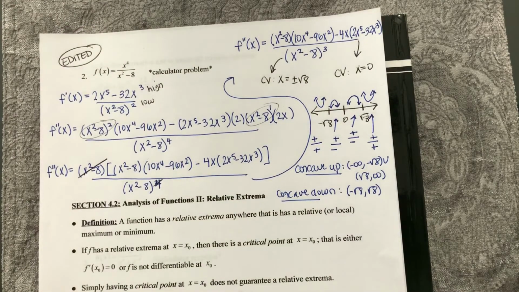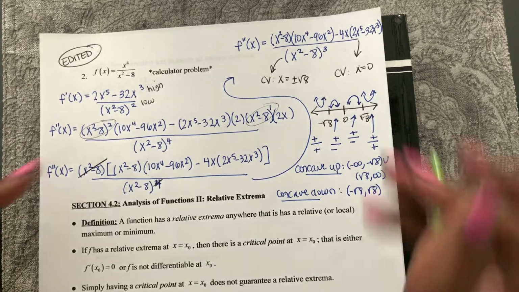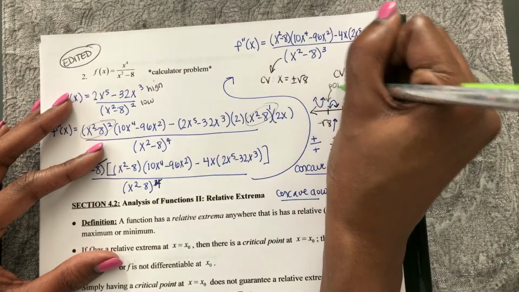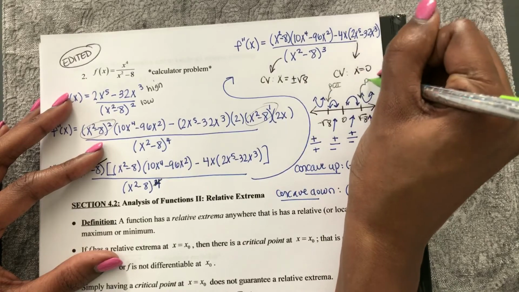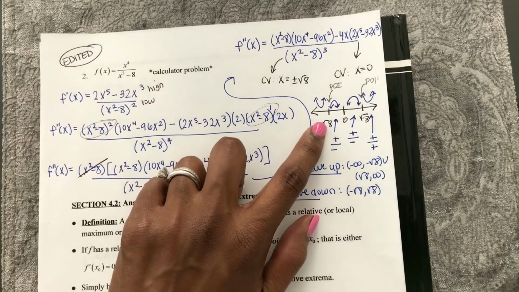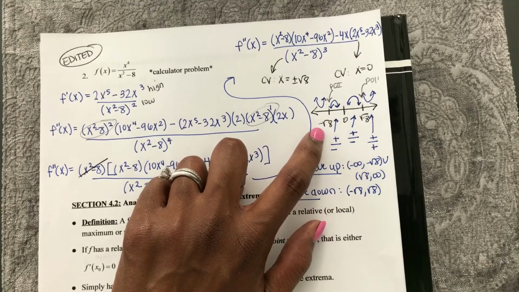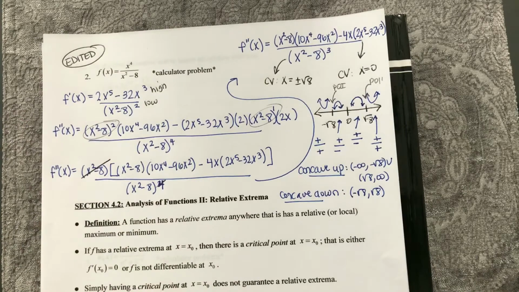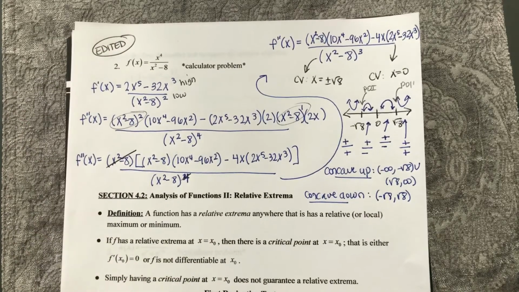So just to save space, I'm going to write here in pencil, this is my first point of inflection, and here is my other point of inflection. And that would be this x value and also that x value plugged into this function. So we will practice points of inflection and concavity in class together.